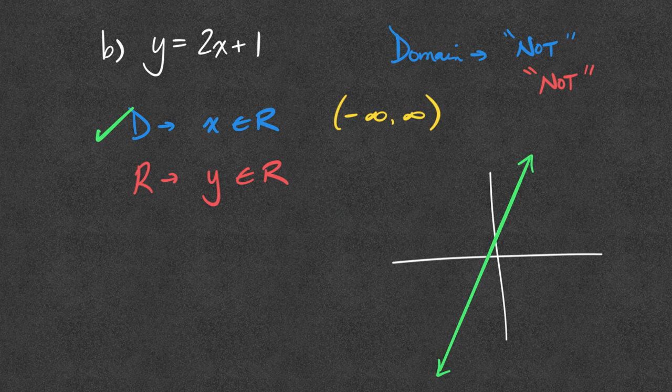Domain X could be anything. But then we also take a look at our range, and since those arrows are on the end, my line is going to extend up and down forever. And therefore, check, our range is that Y could be anything. Okay, I'm hoping that helps us.